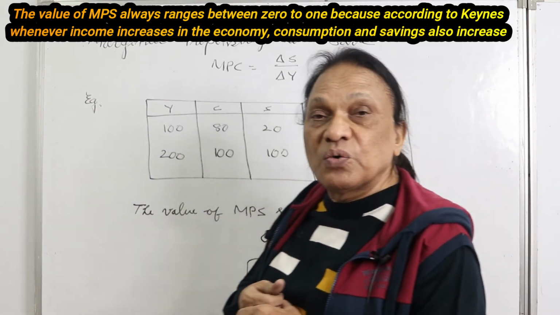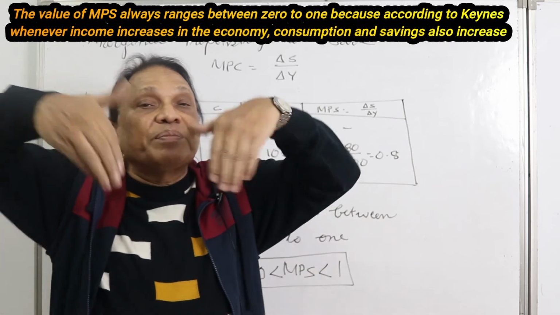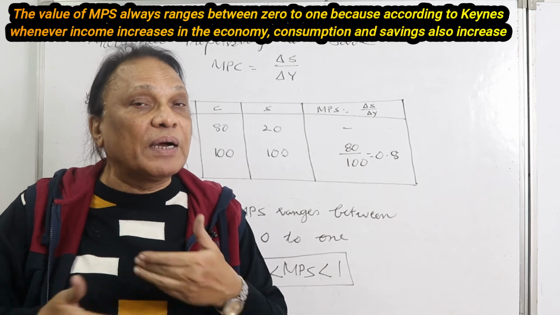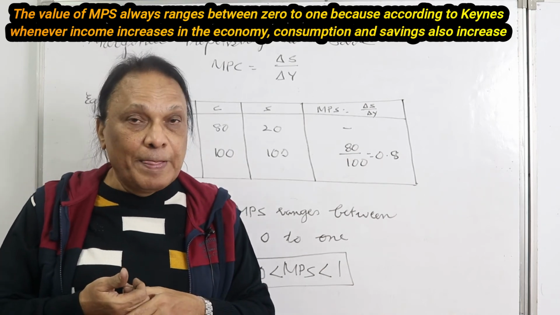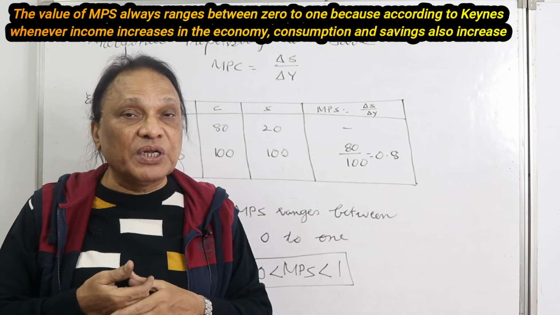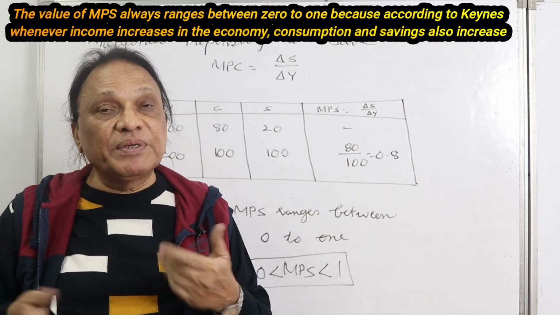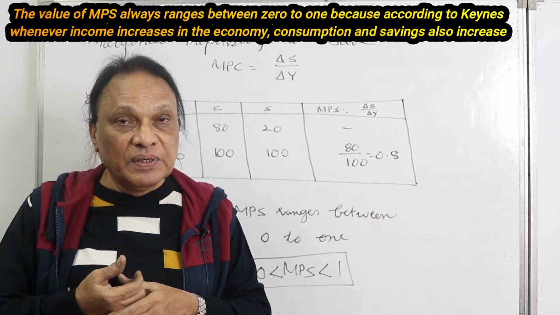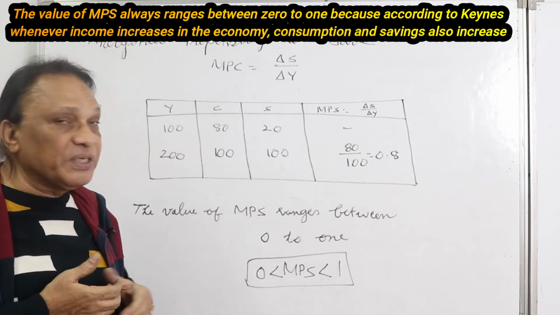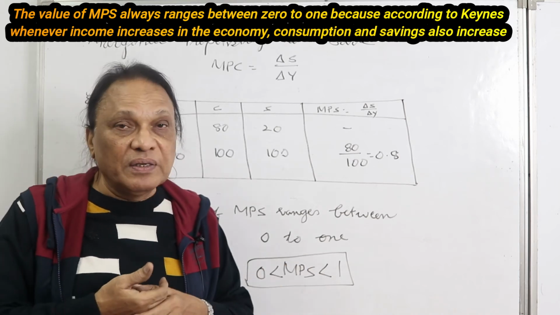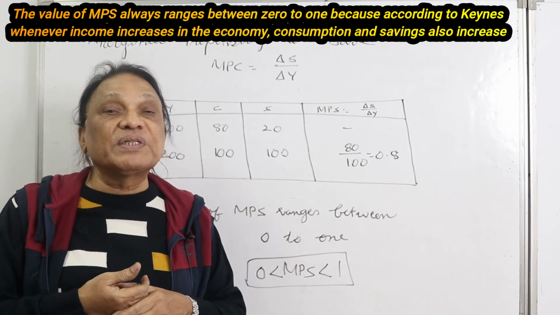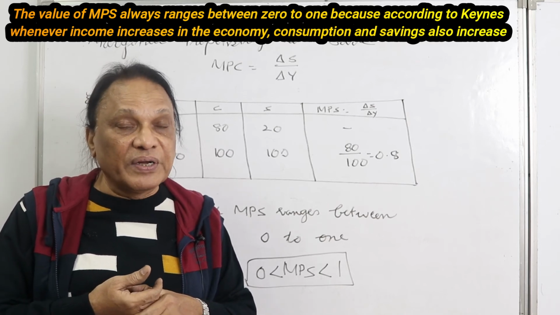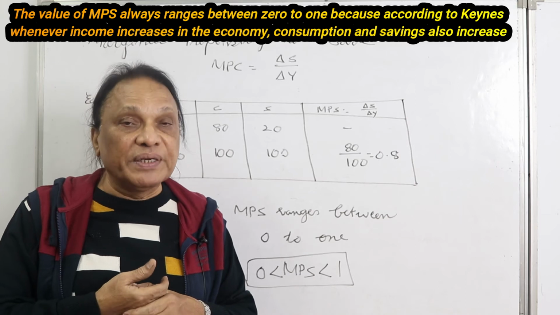Why is it so? Whenever the national income increases, along with it there has to be some increase in consumption. The entire increase in national income cannot become savings, so it cannot happen. MPS can never be 0 and MPS can never be 1, because whenever the income increases, consumption has to increase, and savings will also increase.